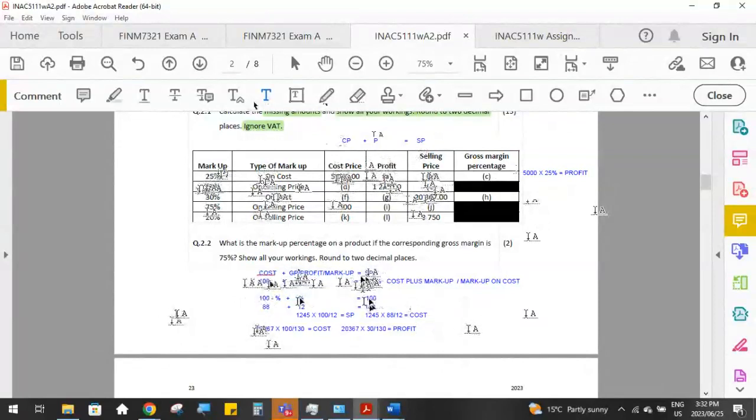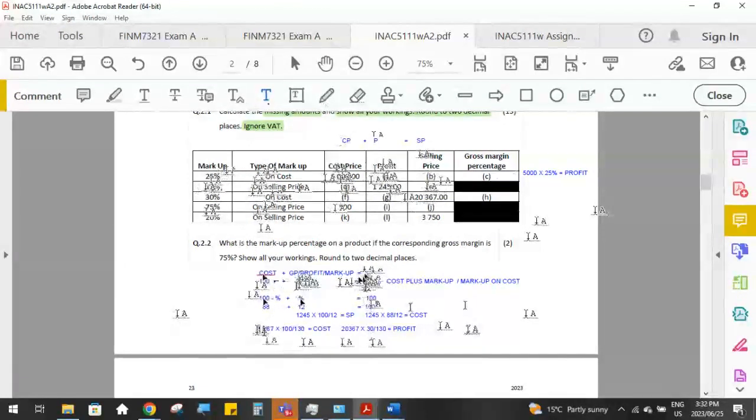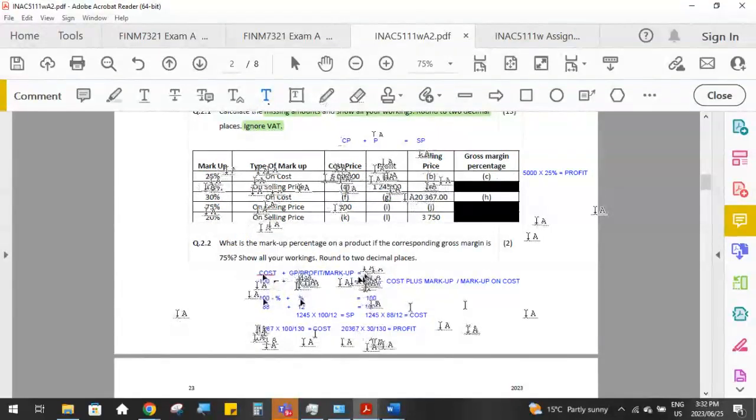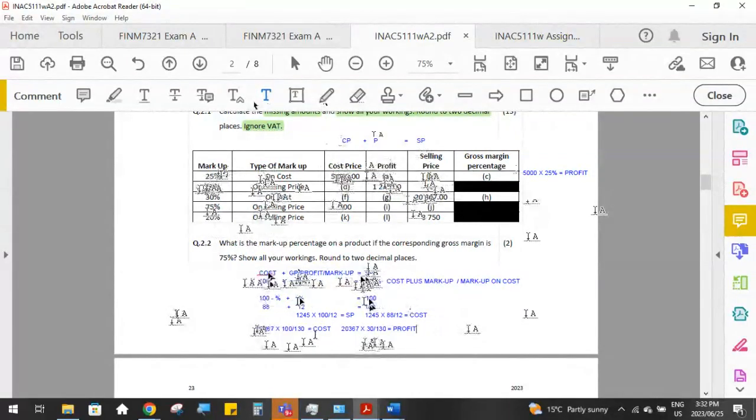So you've got 25% plus 75% equals 100%. And then the last one is 20%. So that's exactly going to be the same. We've got 100, we've got 80% plus 20% equals 100%, because when it's on selling, the selling must be the 100.